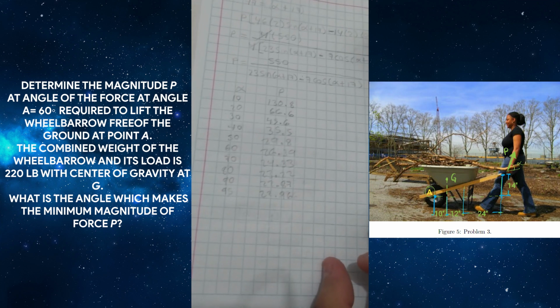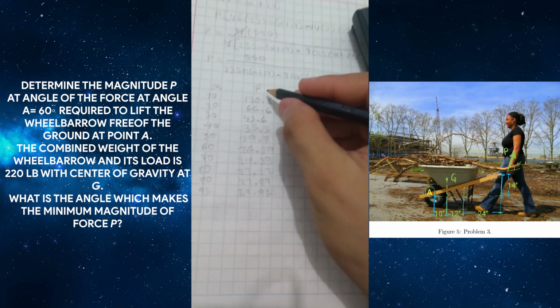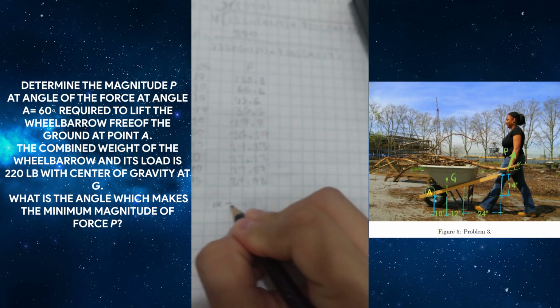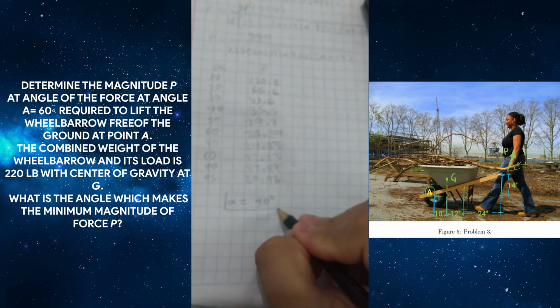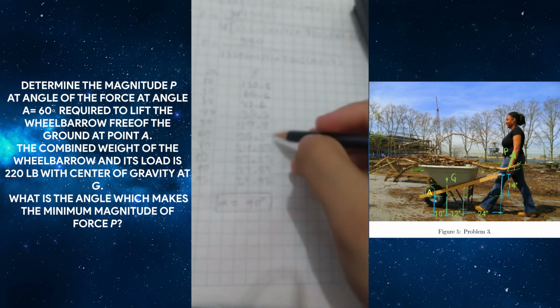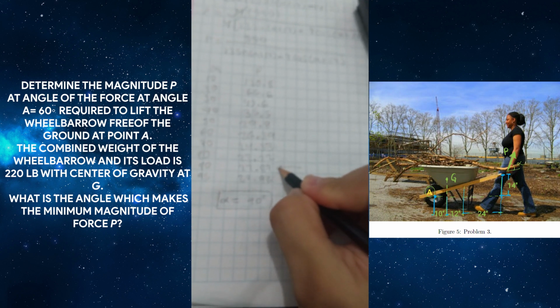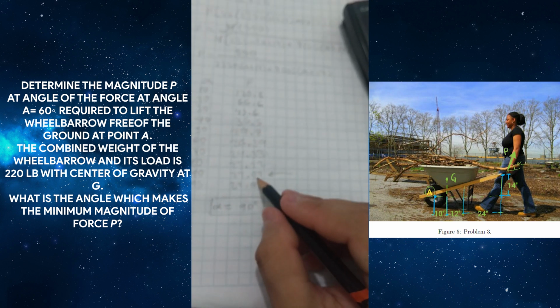As we can see, the minimum value for P is when the angle is at 90 degrees. So in this case, alpha is 90 degrees, which makes the minimum value for P, that is 22.87.